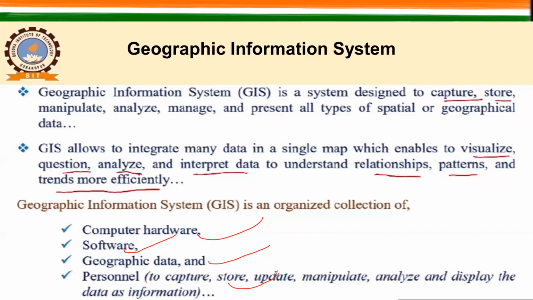So first, let us understand what is the difference between data and information. सबसे पहले चीज हमको ये समझनी पड़ेगी कि डेटा और इंफॉर्मेशन में क्या डिफरेंस है, because the two things are very different. Because here we are calling it geographic information system, but the input is your data. So let us understand what exactly data means and information means.